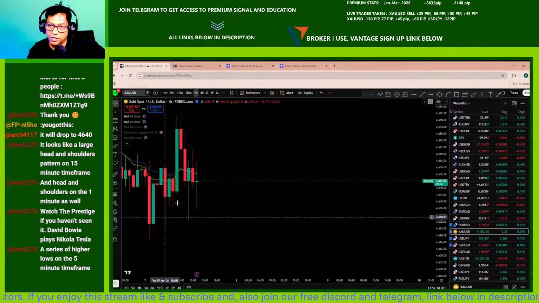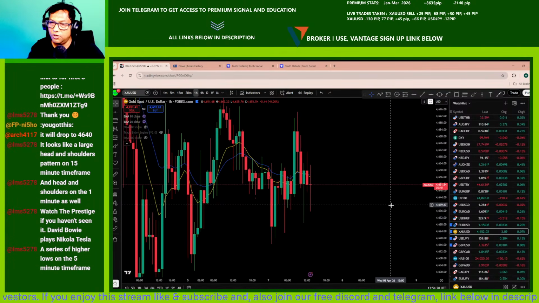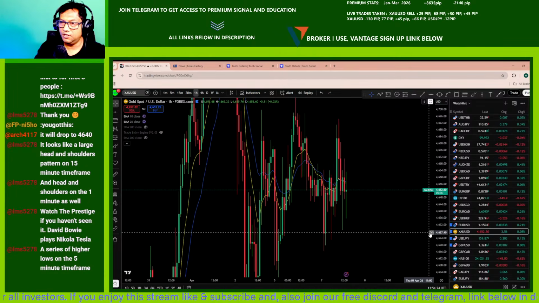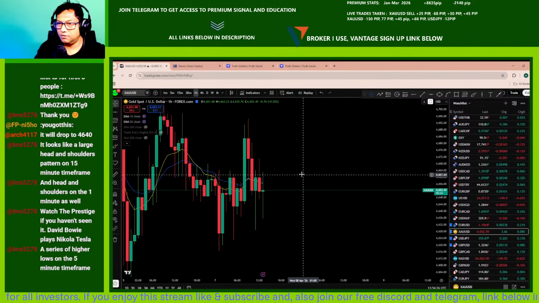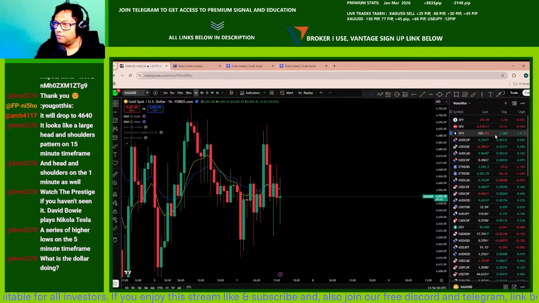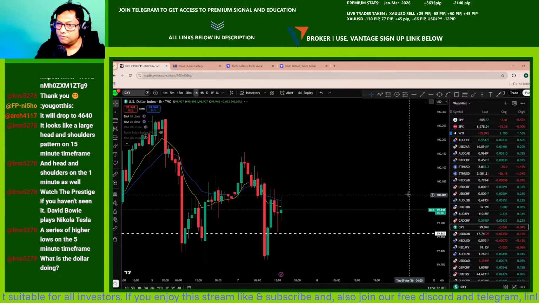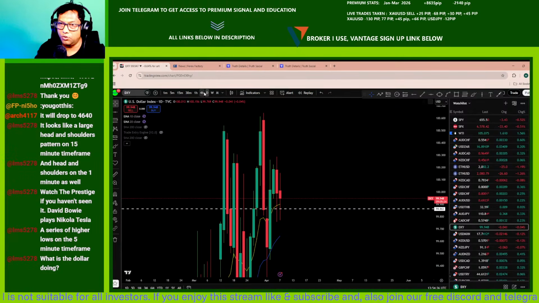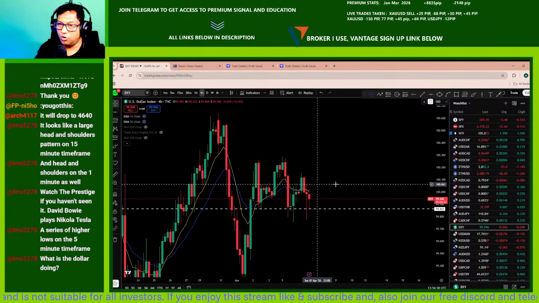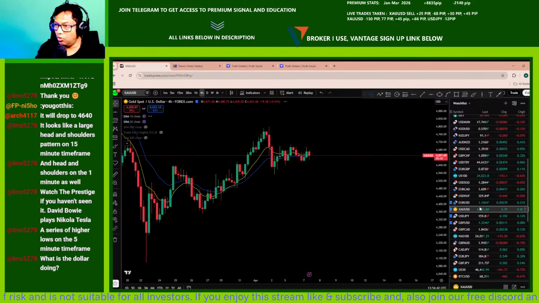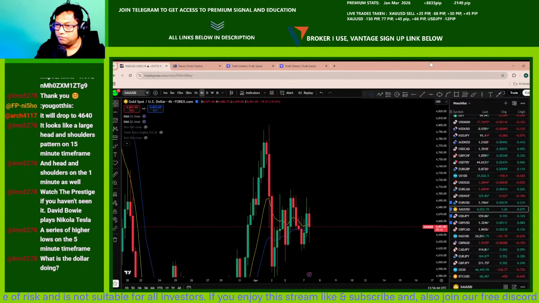I'm deleting those levels here again to see actually what kind of price action it is creating. This is a 1 hour market structure that you can see, and it is forming a doji. What is the dollar doing? Dollar index, potentially we can see kind of sideways movement on dollar index, and on gold, which is reflecting.